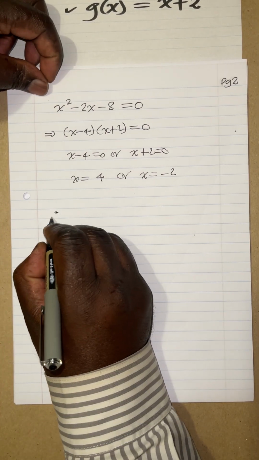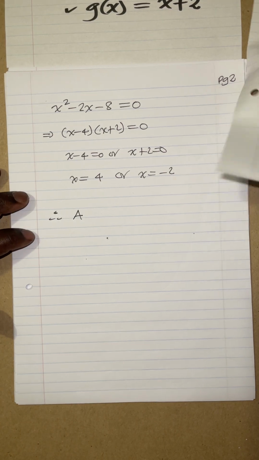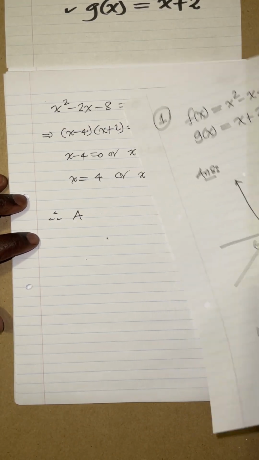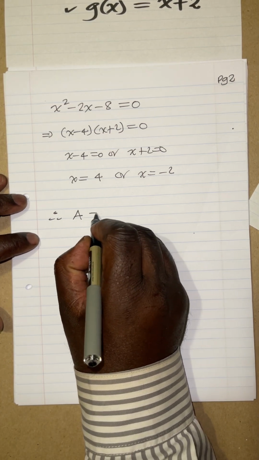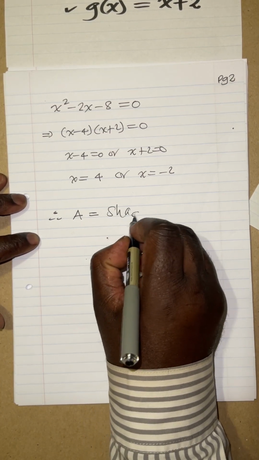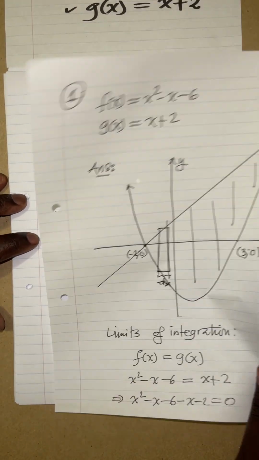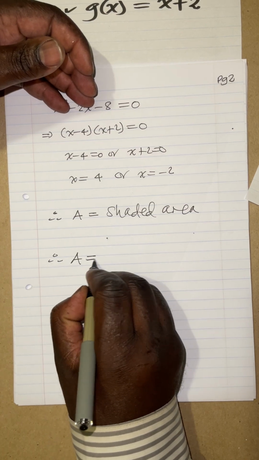So if A is the area, this shaded area here, we're going to say A equals the shaded area in this diagram here.